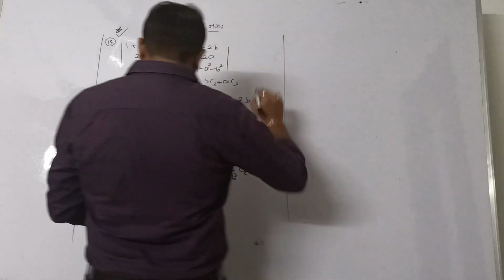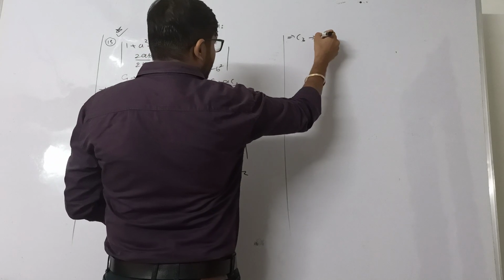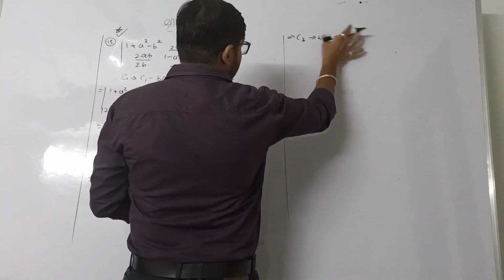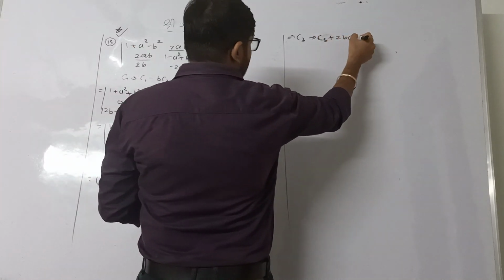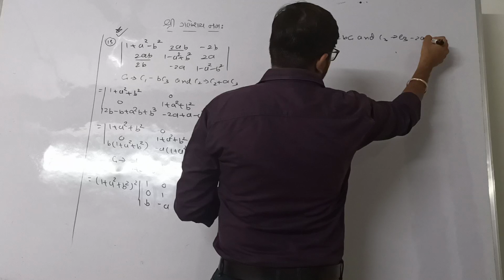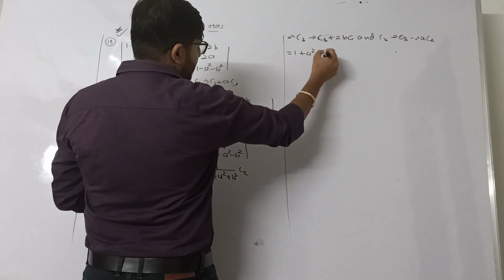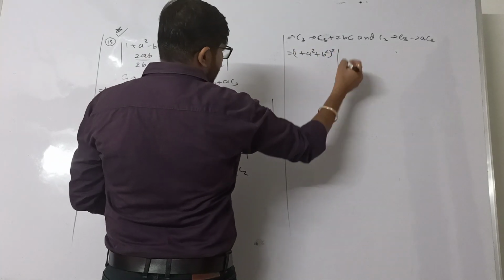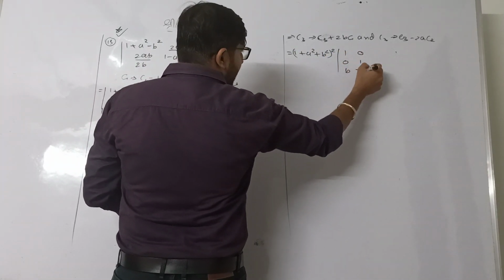So the operation I want to write down is C3 to C3 plus twice b C1, and C3 to C3 minus twice a C2. So by using this, 1 plus a square plus b square whole square as it is, first column as it is, second column as it is.